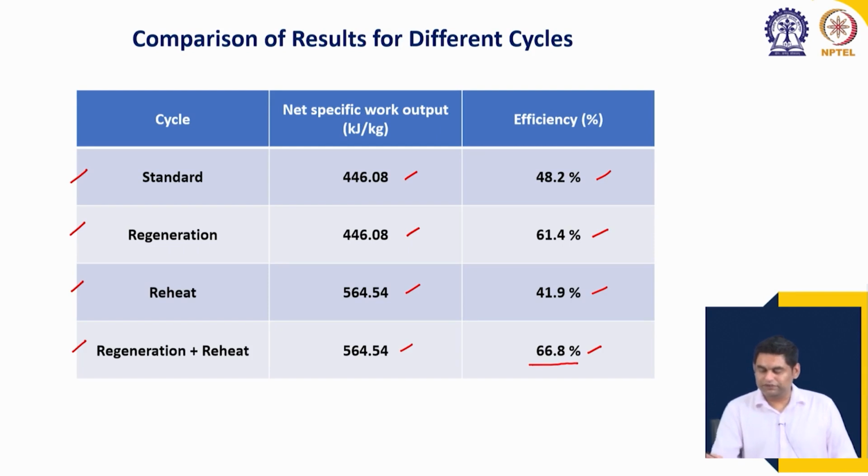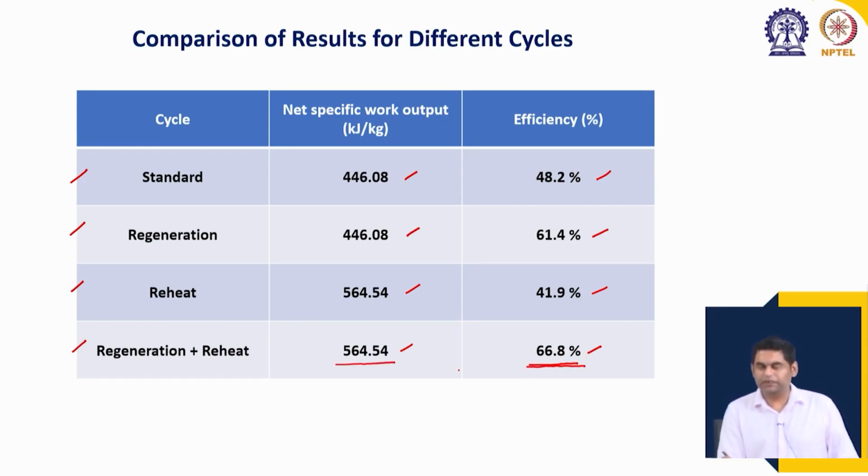Remember that these efficiencies are on the higher side because we are considering ideal cases. For actual cases with losses, the efficiencies will be significantly lower. So, again just to emphasize, with reheat plus regeneration we get very high efficiency, but we also get high work output.